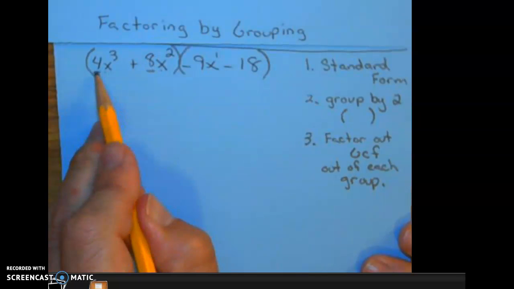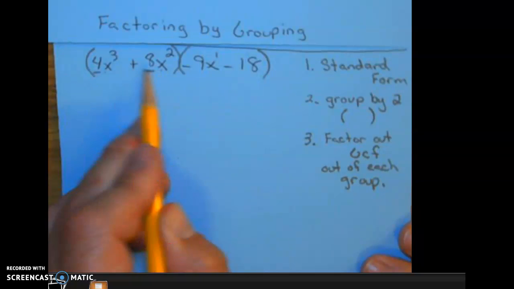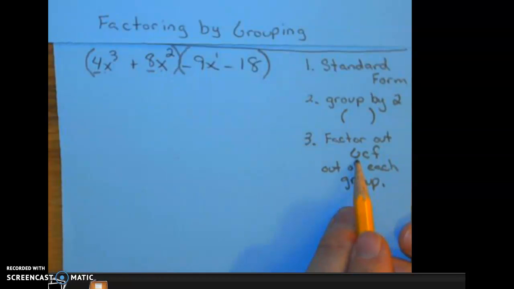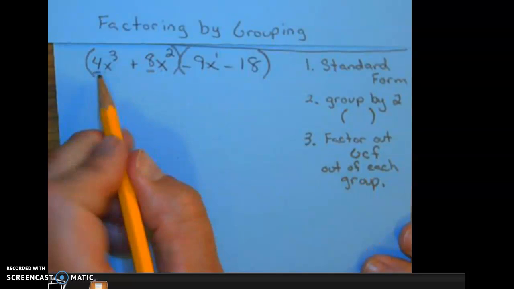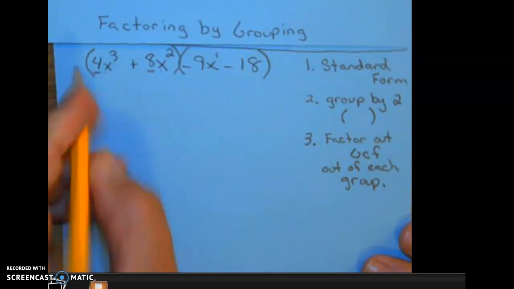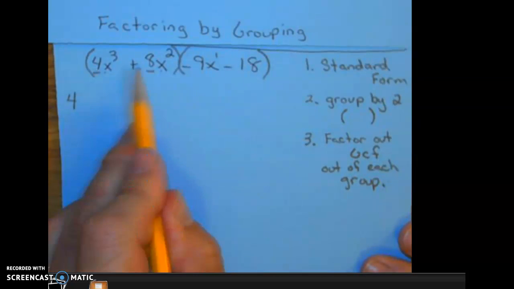We know 2 goes into both of these, so that is a common factor, but we want the greatest common factor. The greatest number that goes into 4 and into 8 is 4. So we're going to factor out a 4.